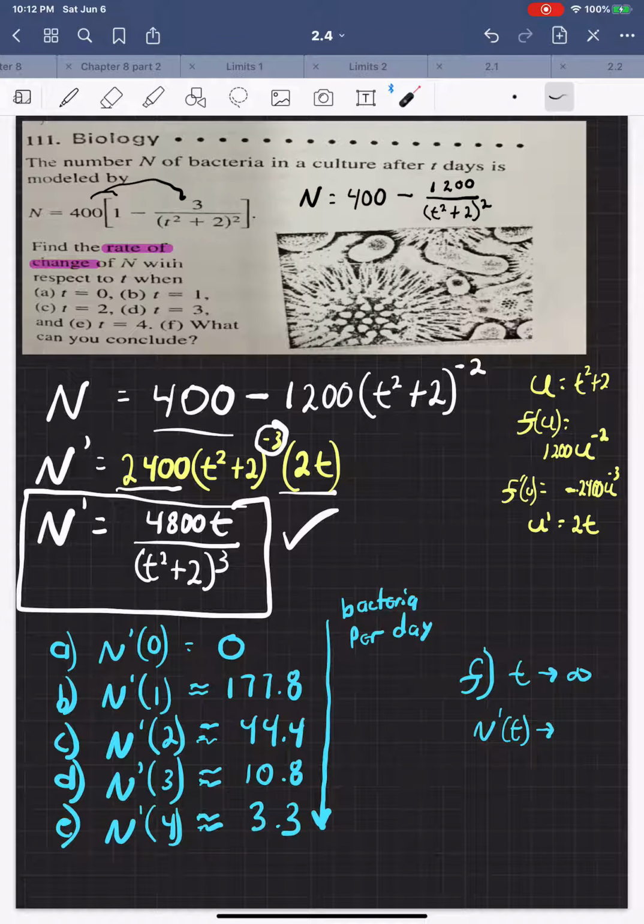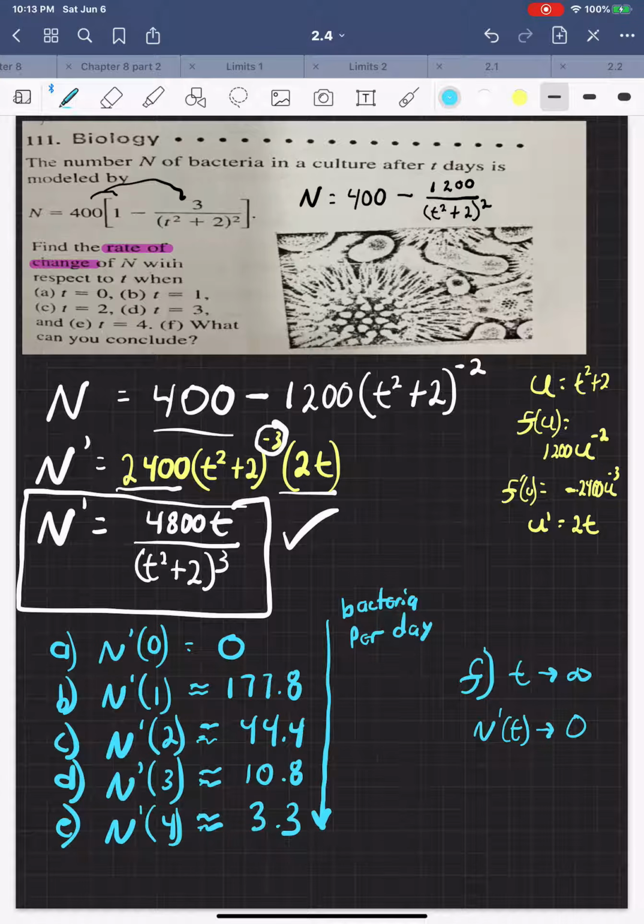You could think of it as there's some maximum, sustainable population, something to that nature. How you word that is up to you, but n prime of t is obviously approaching 0. Or maybe you conclude that there is some optimal population for this bacteria culture.